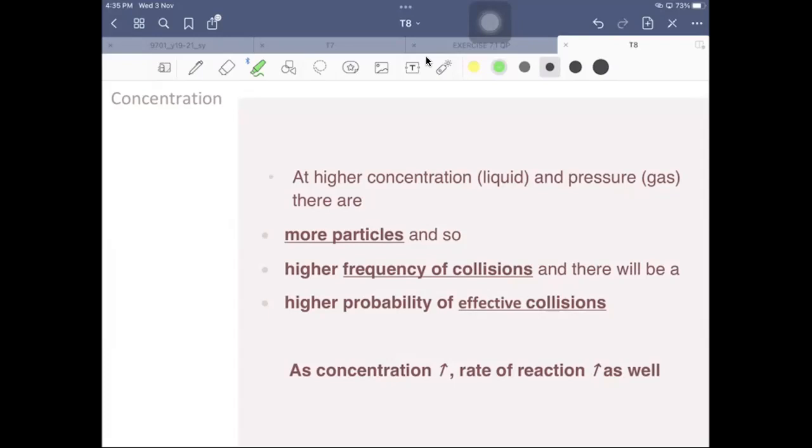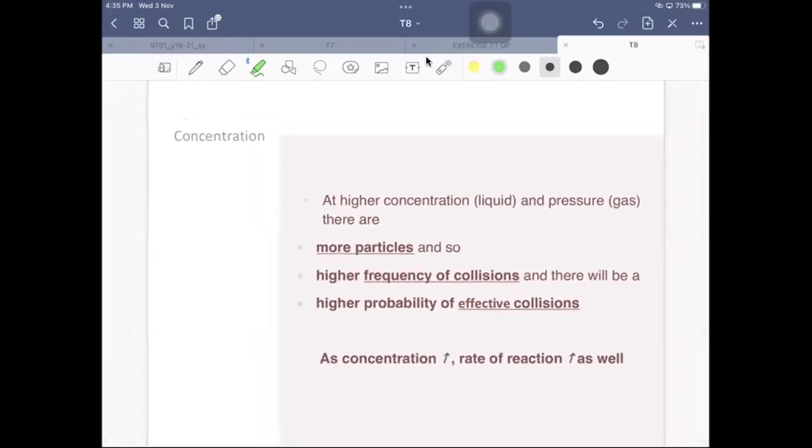Now, if the frequency of collision is higher, then the probability of effective collisions or successful collisions will also be higher. So this is the reason why increasing concentration increases your rate of reaction. More effective collisions, higher rate. Basically, that's just it. You just have to learn how to explain them, right?